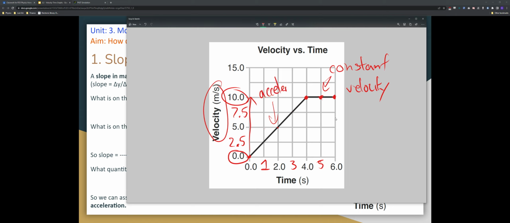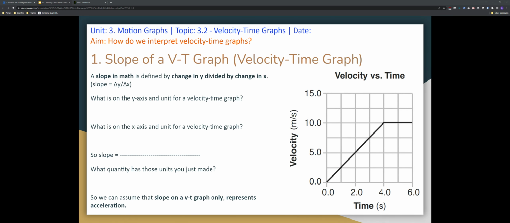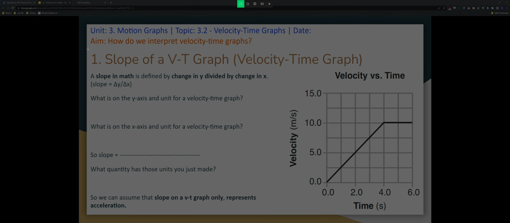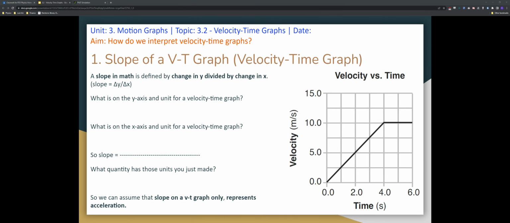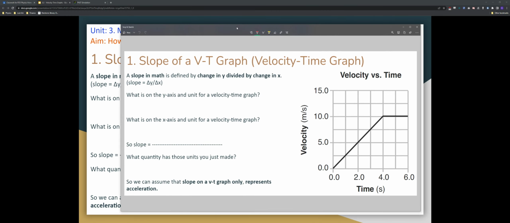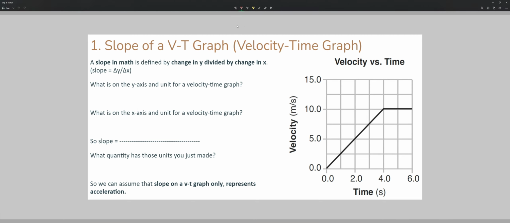Which now we get to this next part here. We're getting to slope. In the last topic, we said that the slope on a position time graph gives me velocity.